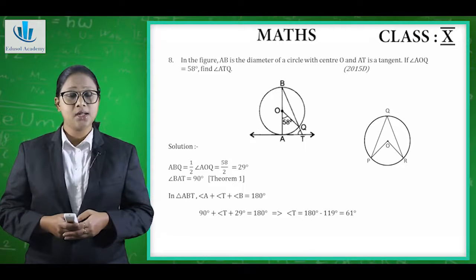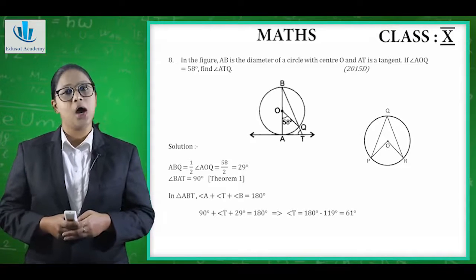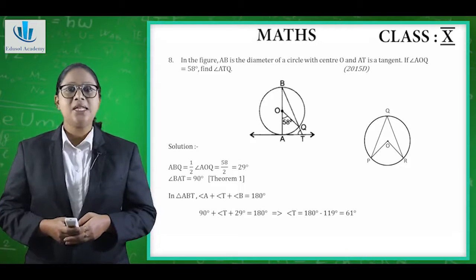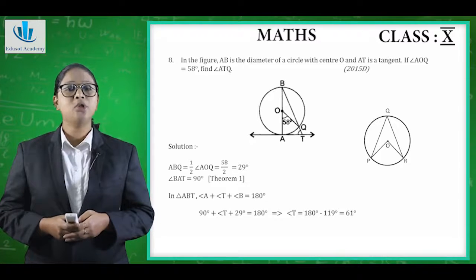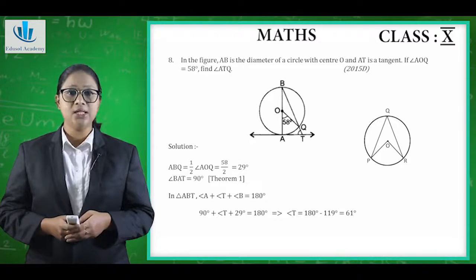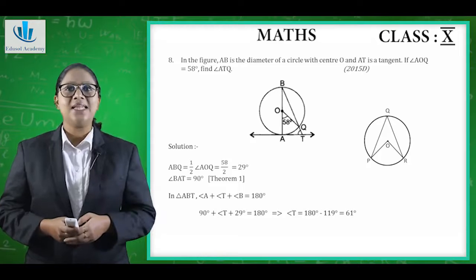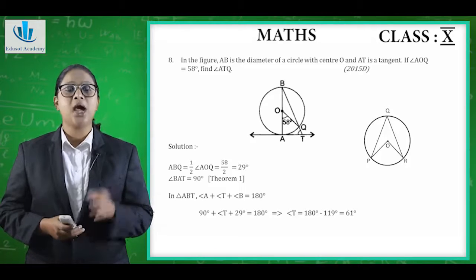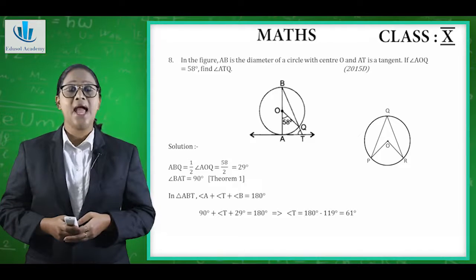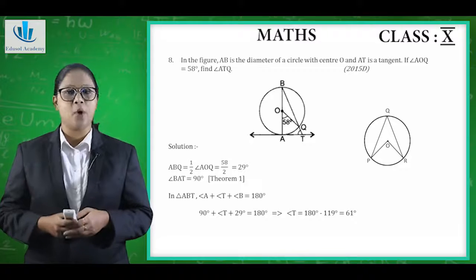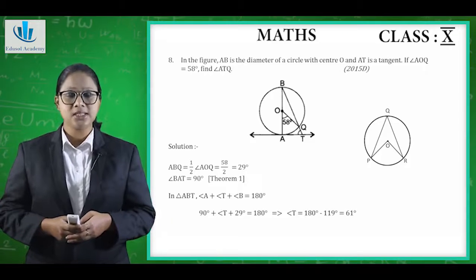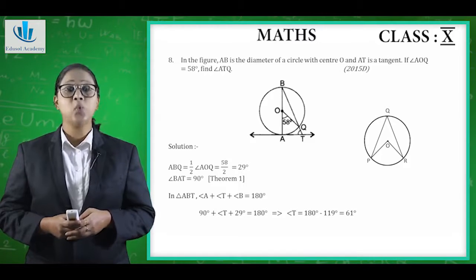You can see a circle with center O and there are 2 points P and R anywhere on the circle. Now P and R make 2 angles, namely angle POR at the center of the circle and angle PQR at some other point on the circle. There is a theorem that connects these 2 angles.